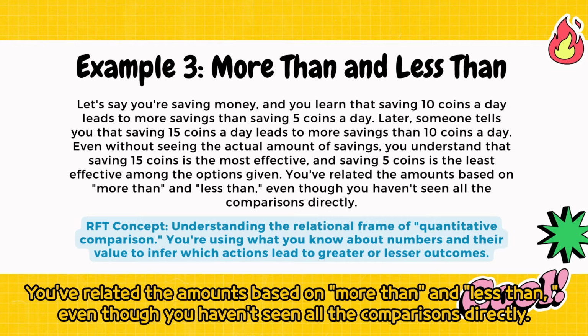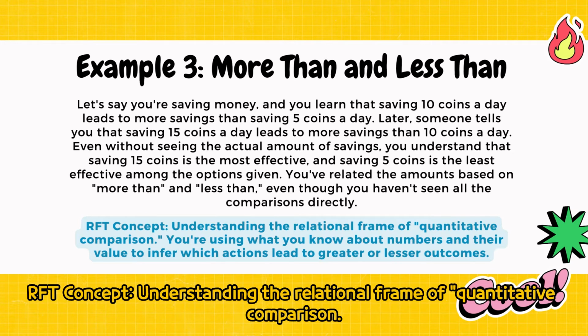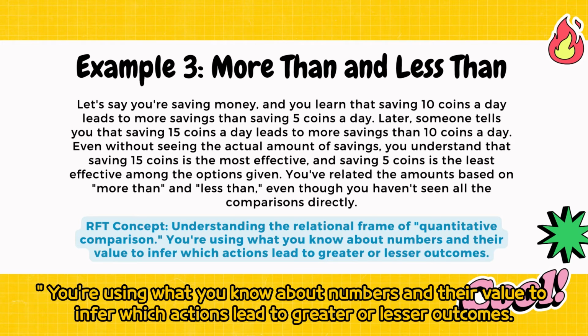You've related the amounts based on more than and less than, even though you haven't seen all the comparisons directly. RFT concept: understanding the relational frame of quantitative comparison. You're using what you know about numbers and their value to infer which actions lead to greater or lesser outcomes.